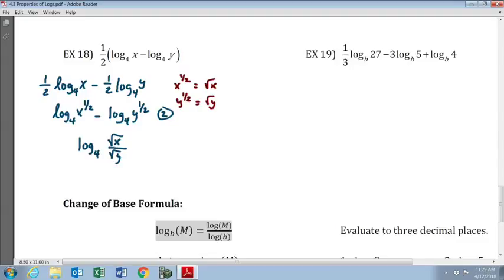And so now we can write this as a single log of a single radical, the square root of x over y. All right, let's move on to number 19. So we can start the same way, except here we don't have to worry about distributing. Let's move the 1/3 and the 3 using our power rule.